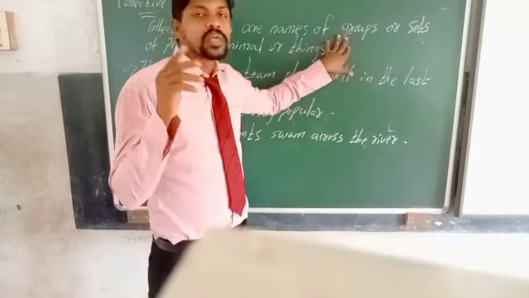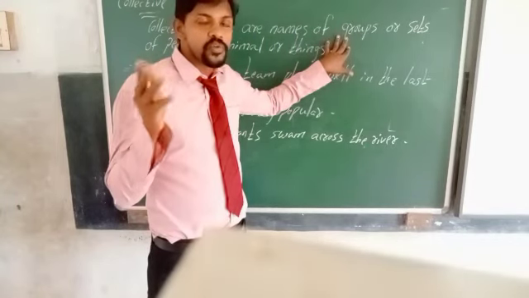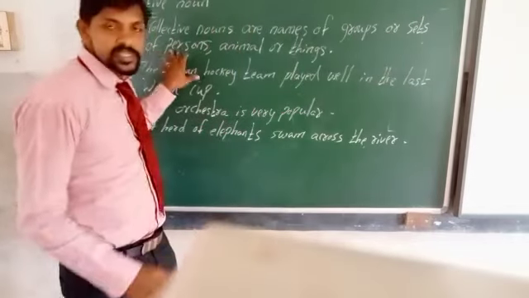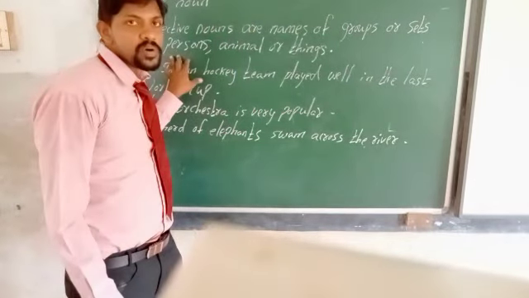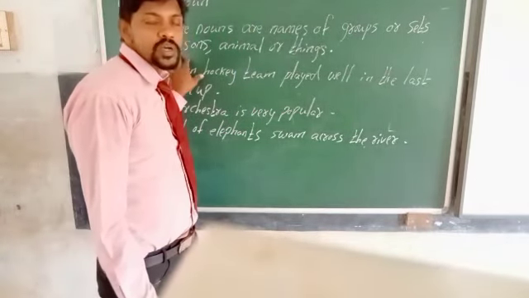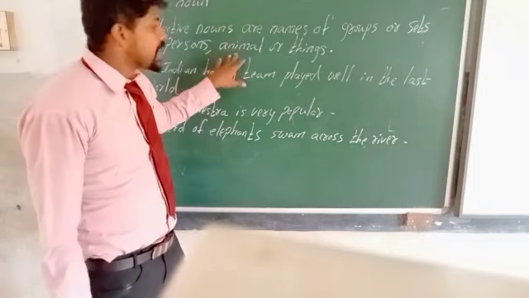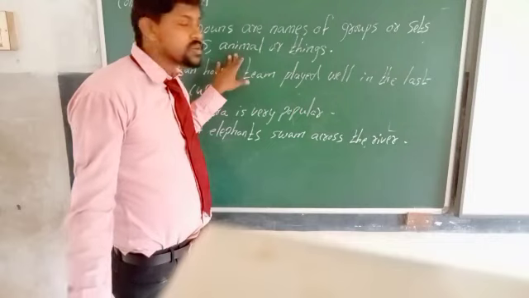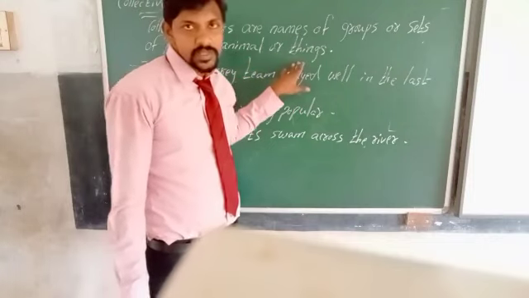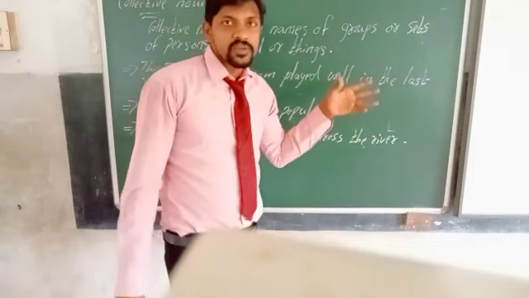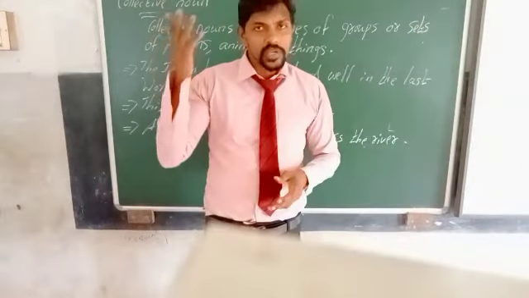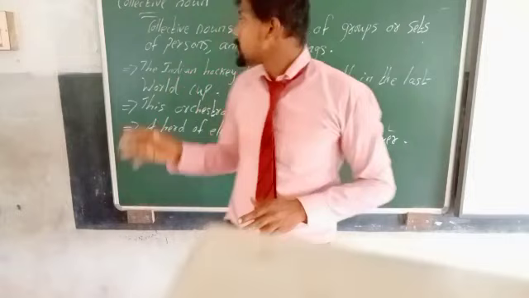Groups means more than one: 3, 4, 5, 6 and so on. Sets of persons, more than 1 or 2 persons; animals, more than one animal; or things, like 2 dusters, 3 dusters, 4 dusters.